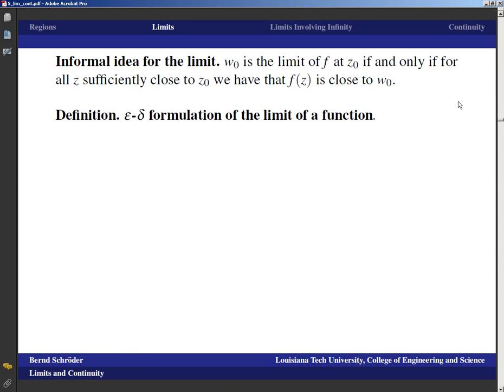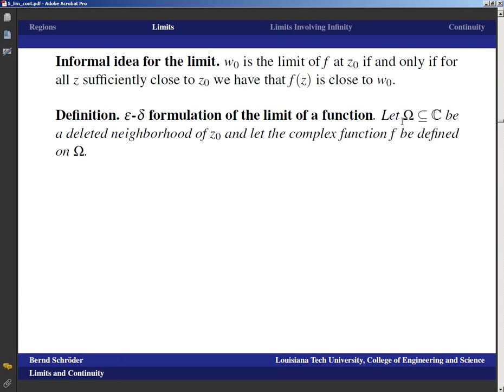Alright, so what do we have? The epsilon delta formulation of the limit of a function is the following. We take a deleted neighborhood of z0, and I typically call those things omega because that's the letter that reminds me of open, so for open sets also.